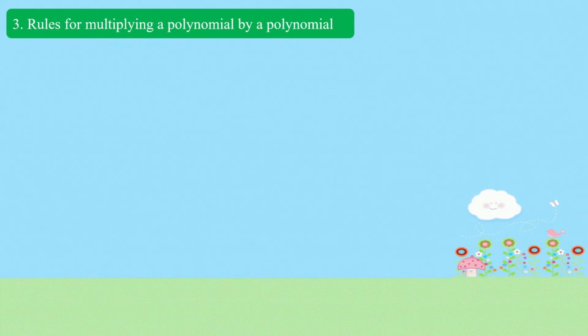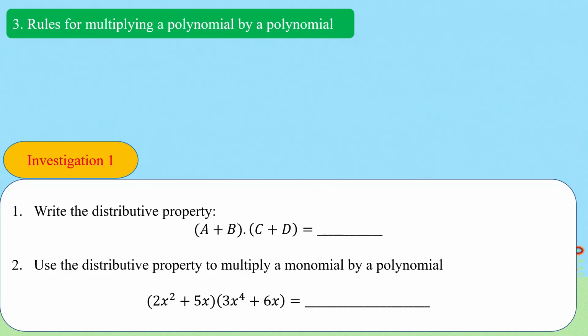Now, last, rules for multiplying a polynomial by a polynomial. So basically, you do the same thing as with the rules for multiplying a monomial by a polynomial. First, can you write the distributive property? Here you can see I have 2 terms in the first expression and 2 terms in the second expression.